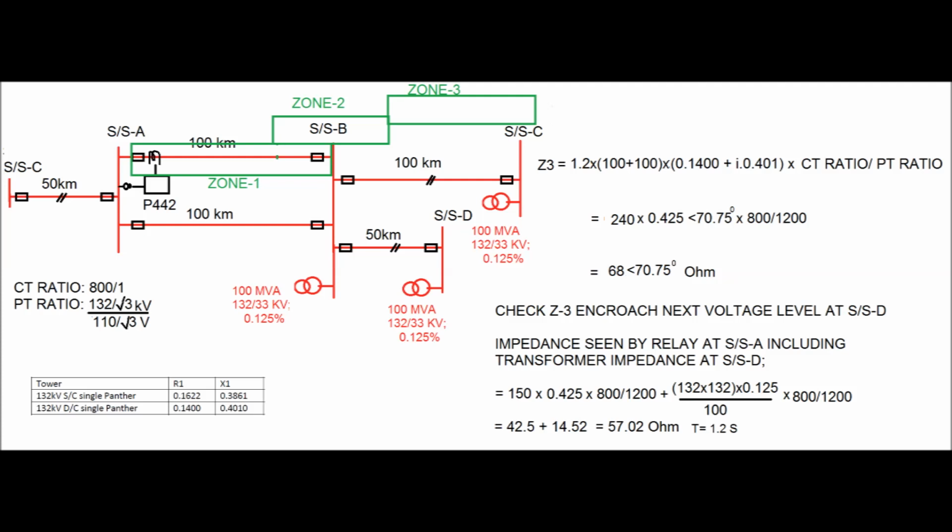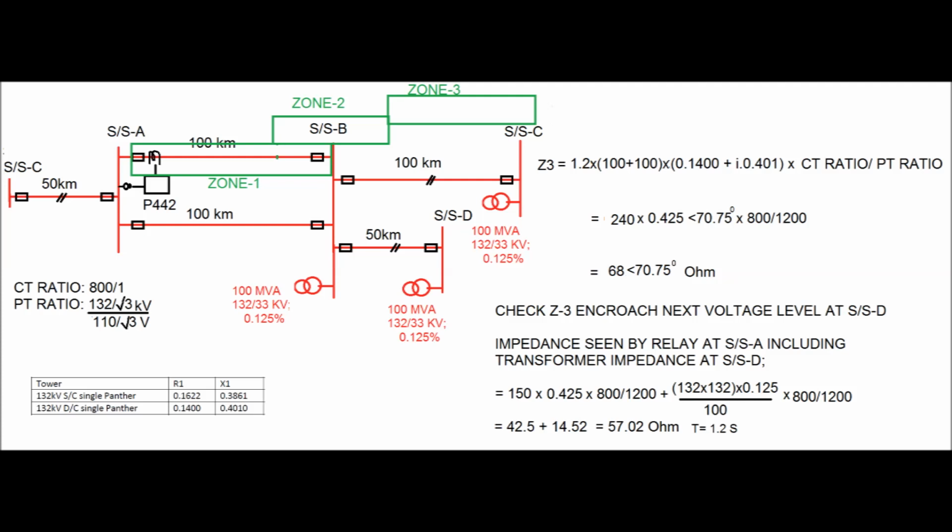It is converted to the secondary value of the transmission line, that is the 100 km line segment and the adjacent shortest line length of 50 km. Then we have to convert the transformer impedance to the secondary value.